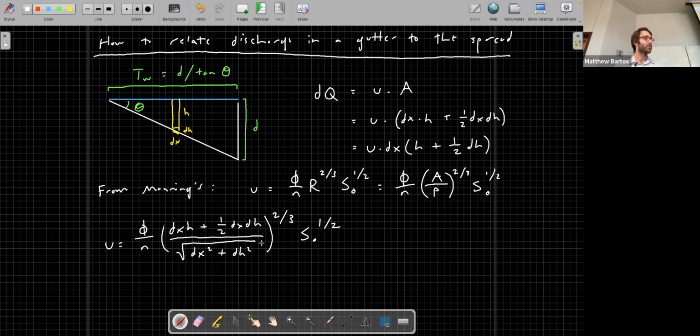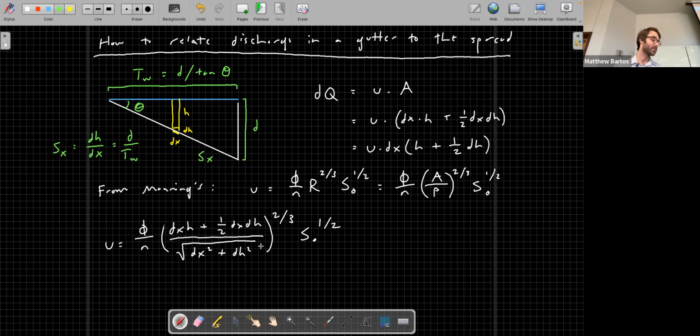So we can rearrange this to simplify it. First, I'm going to define a new slope. Let's define the lateral slope, which is this slope here, as s sub x. And s sub x will be equal to dh divided by dx. So it's this lateral slope here. It's also equal to d divided by our spread T_W.